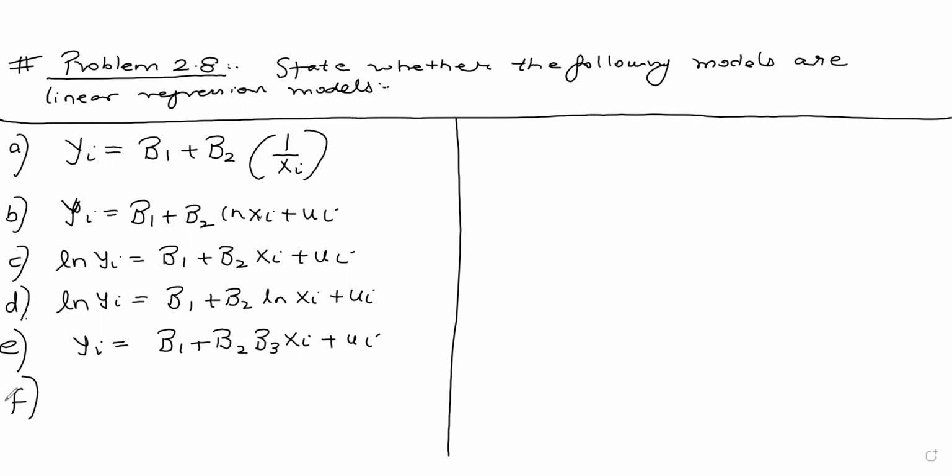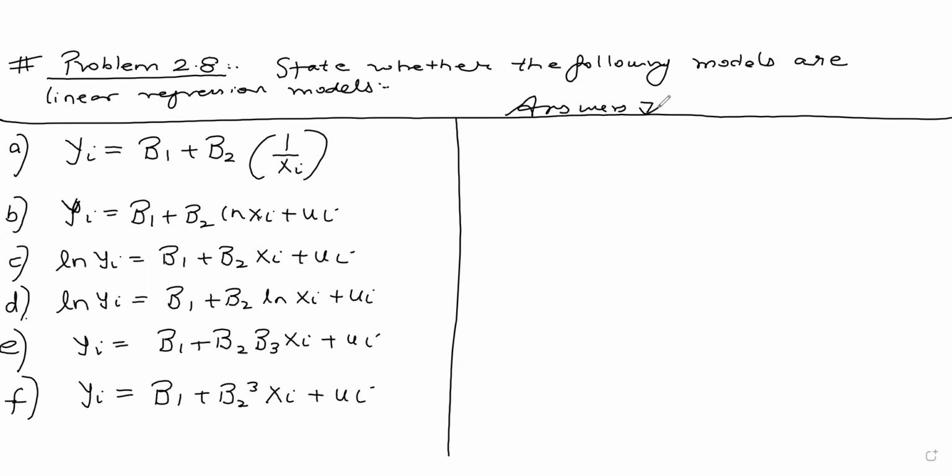So these are all the regression models given to us, the population regression functions, and we need to argue which of them is linear and which of them is non-linear. First of all, please recall that any regression model is said to be linear if it's linear in the parameters. It may or may not be linear in the variables.